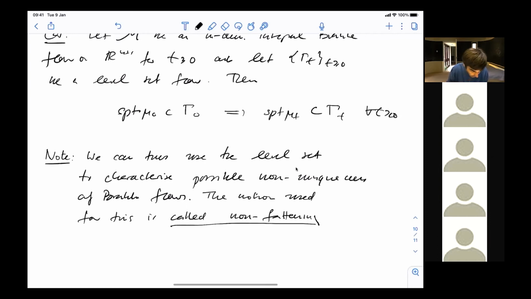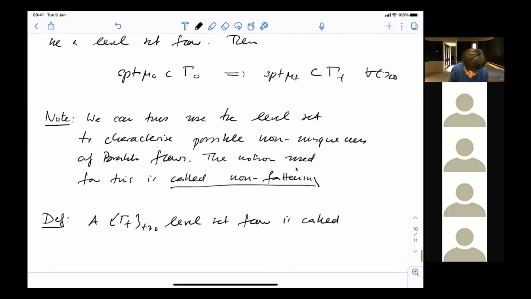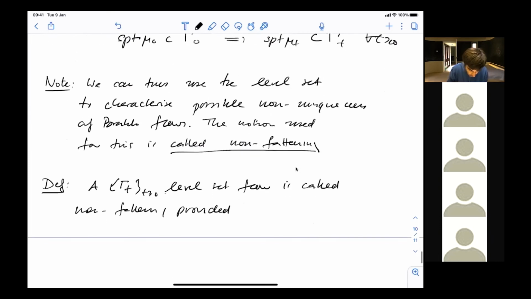Okay, so what is non-fattening? Here's the definition, and I'll be coming to an end very soon, a bit faster than I thought. A level set flow, Gamma_t, is called non-fattening provided the following. This is the weakest definition.